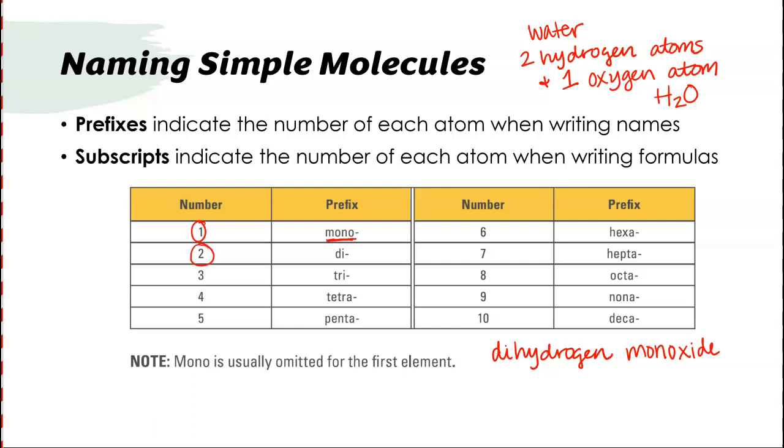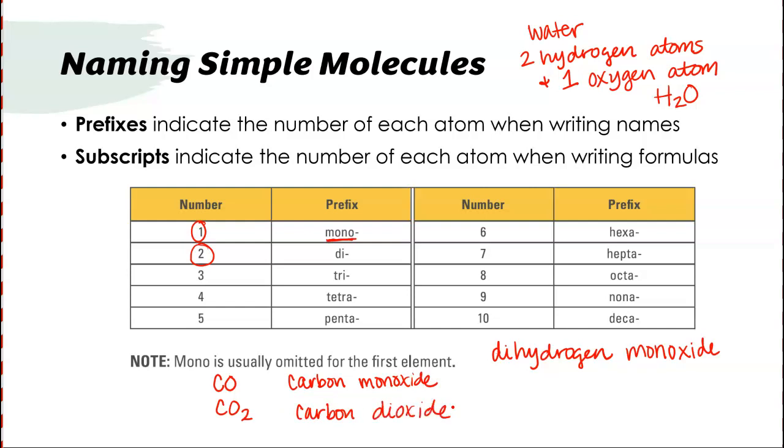Another example would be with carbon. We can't just simply say carbon oxide because we've got CO, we've got CO2, and there's no charges to tell us how many of each atom are there, so we would write carbon monoxide or carbon dioxide.